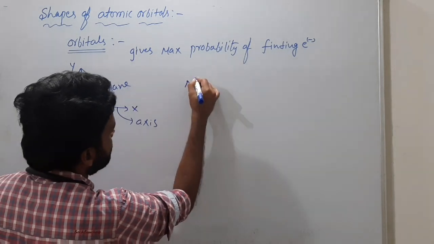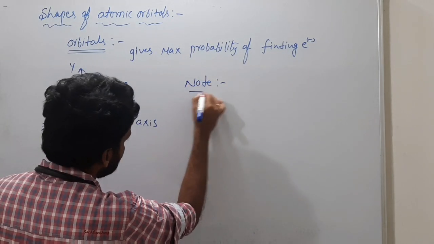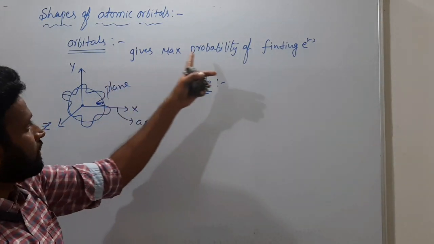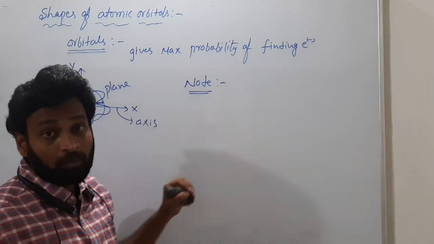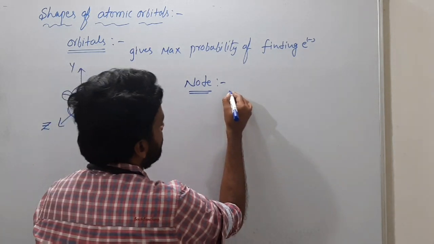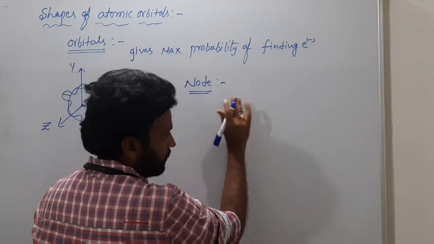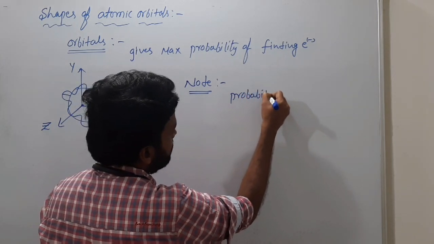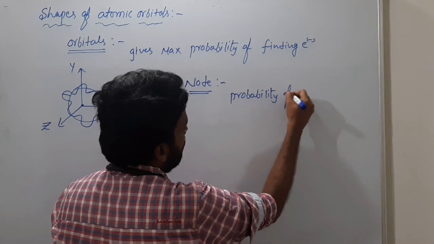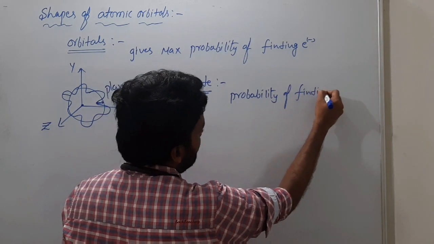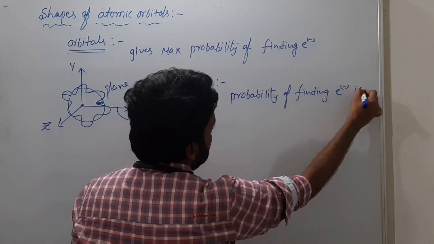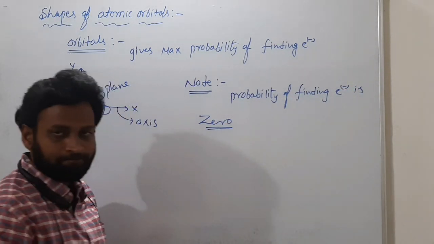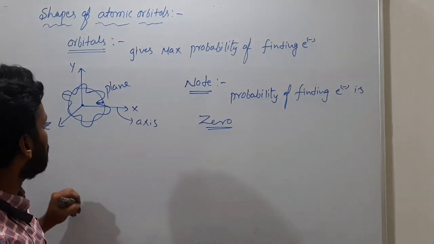The opposite of orbital is called a node. An orbital gives the maximum probability of finding an electron, but a node gives 0 probability.